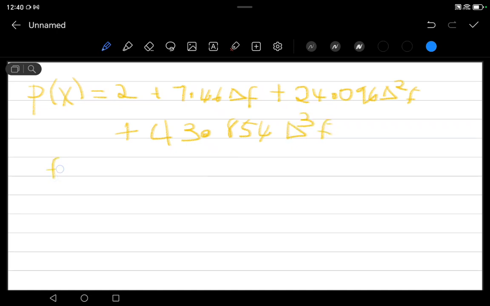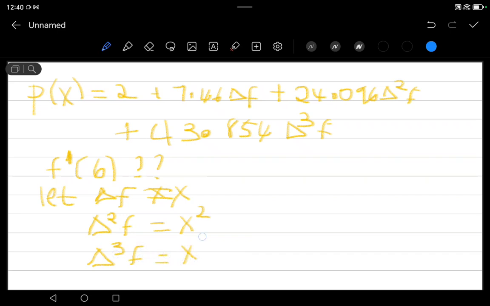Remember, now they want us to estimate this value. They want us to estimate f prime of 6. And then here we have p of x, and we have change in f. So from here, we're going to let our change in f equal x, so that we can derivate. Remember, this sign is for derivating. We are going to derivate, and we're going to let change square f equal x squared, and change cube f equal x cube.